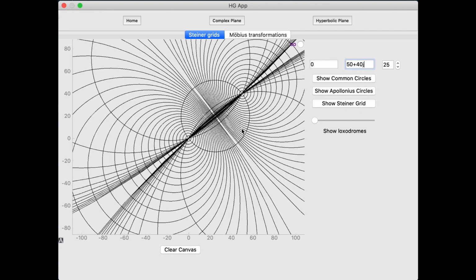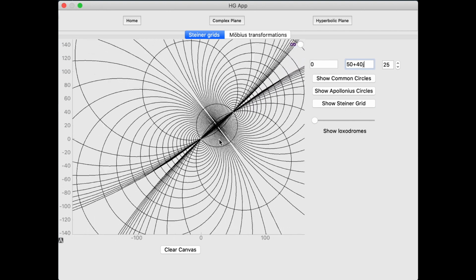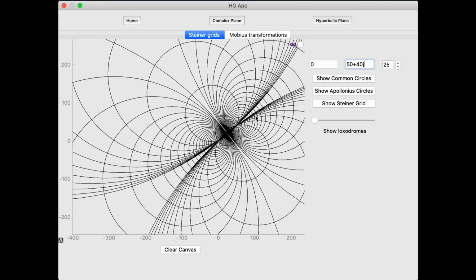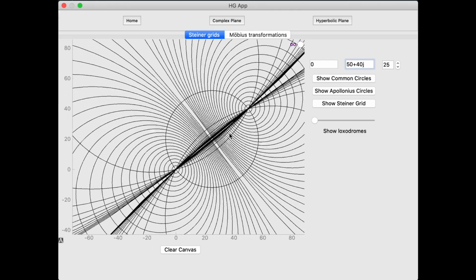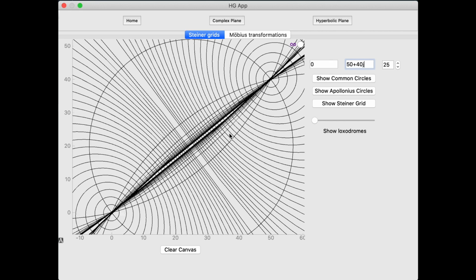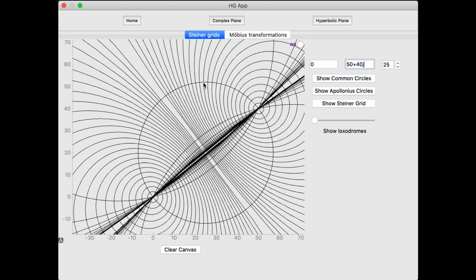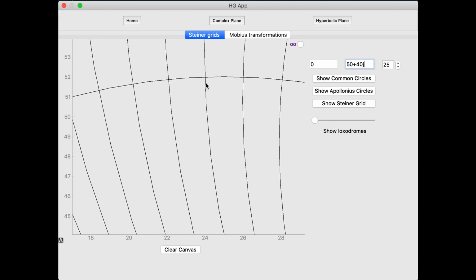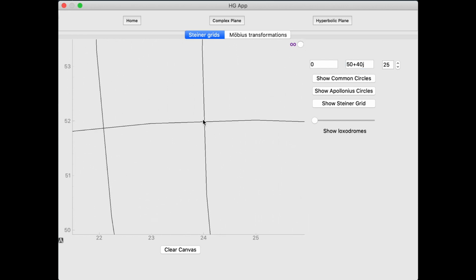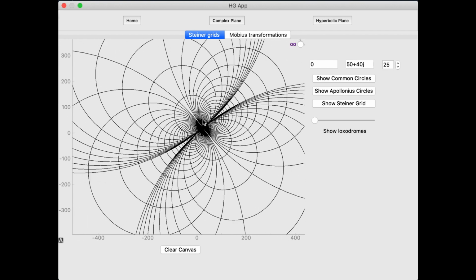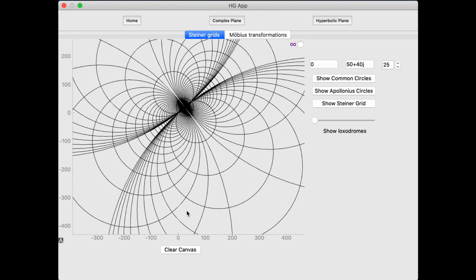And the Steiner grid looks like this, right? So there you can see the common circles and the Apollonius circles. And here you can at least see how they are really orthogonal, both families.